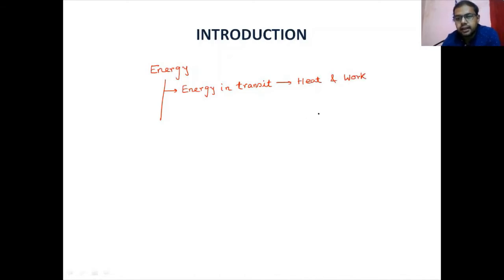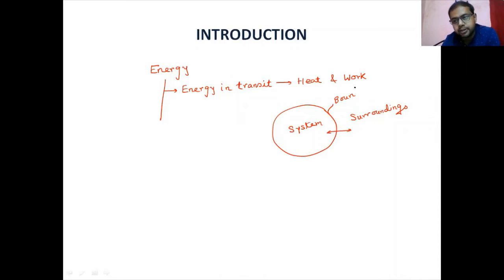These two energies, if you consider a system, it's a system of yours, and other than the system, everything is the surroundings. So heat and work can flow through the boundary of the system.